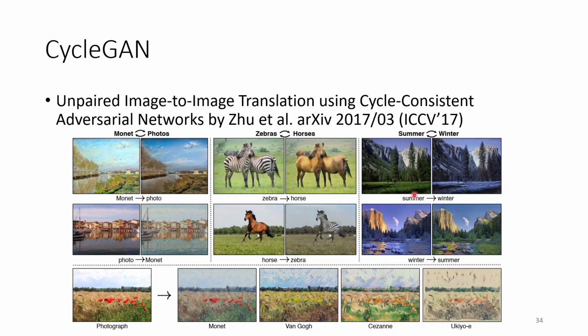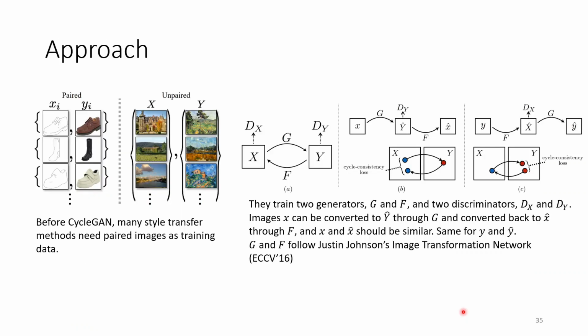This is summer to winter and winter to summer. They also can transfer an image to the style of Monet, Van Gogh, Cezanne, and Ukiyo-e. So let's see how they do it.